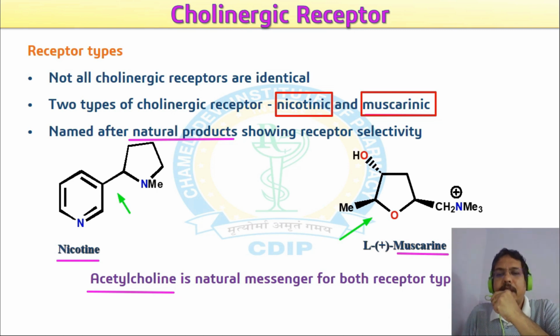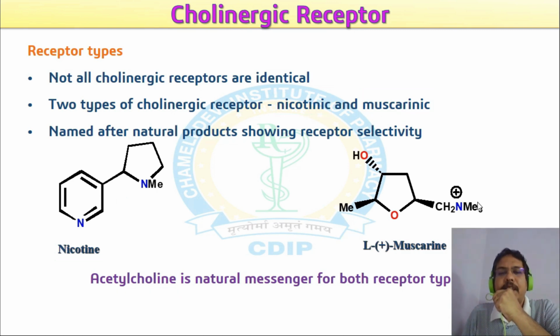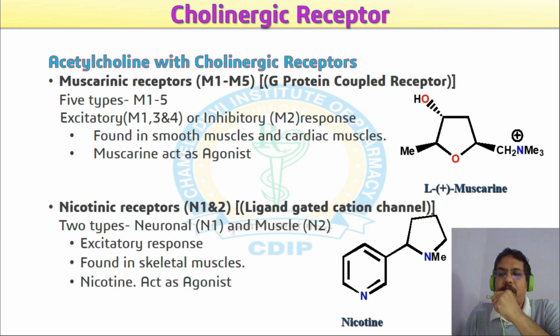So before that we must understand the subtypes of these receptors. If you look at the muscarinic receptors, these are further classified into 5 subcategories, varying from M1 to M5, and all these receptors are G protein coupled receptors.